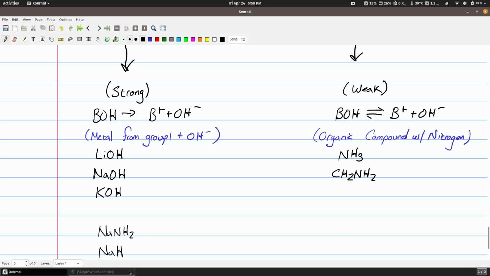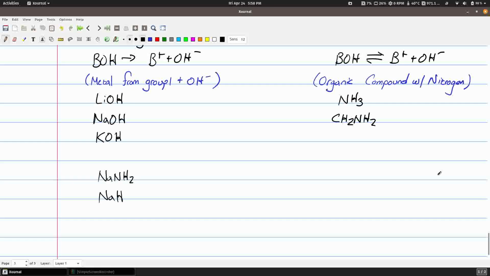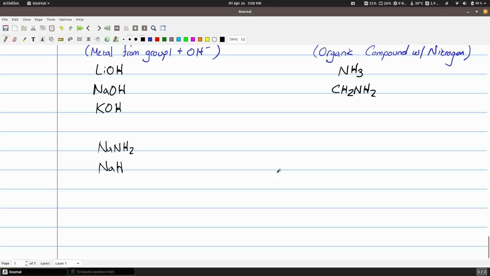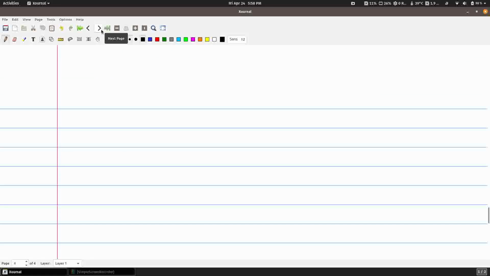If you had a Venn diagram, I'm going to draw it in the next few minutes, Arrhenius only encompasses so many acids and bases, but Bronsted-Lowry allows for more, and so does Lewis, that the Bronsted-Lowry doesn't cover. So I'm going to go to the next page, and we're going to go on.